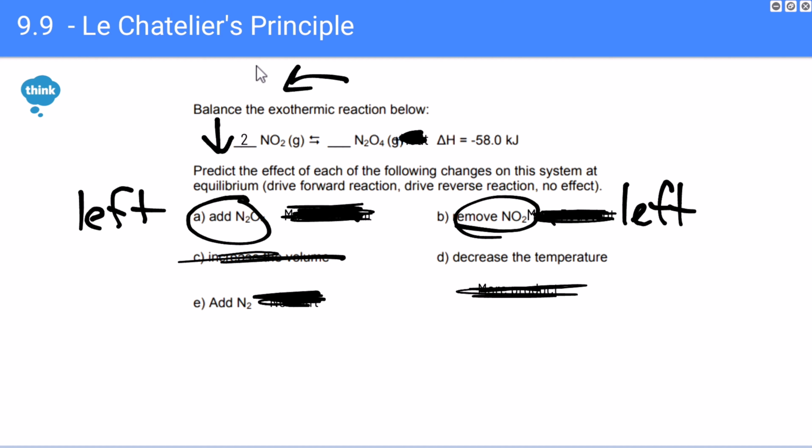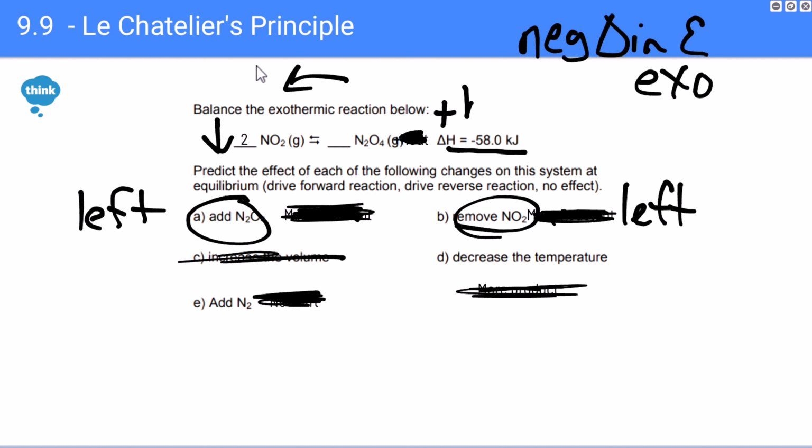Decrease in temperature. So notice that your delta H, or your change in energy here, is negative. Remember that a negative change in energy is an exothermic process, which means that it is releasing energy. So what we're going to do here is we're going to consider heat to be a product.